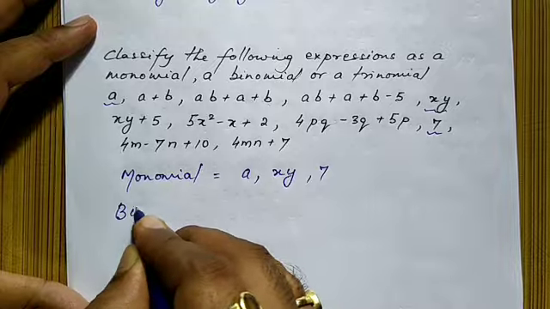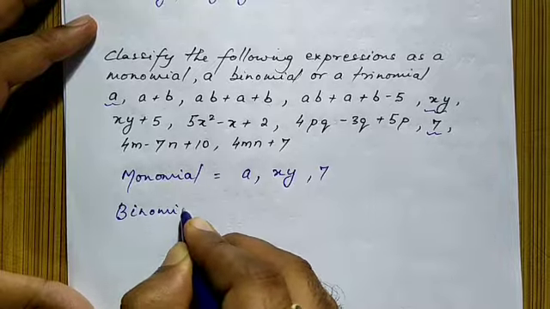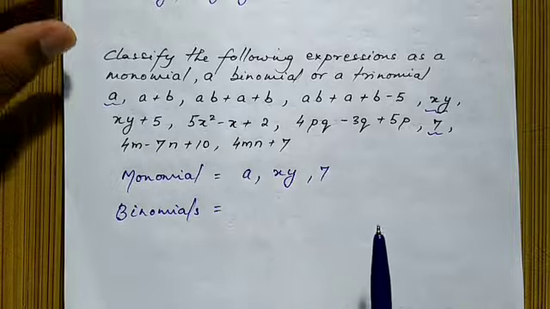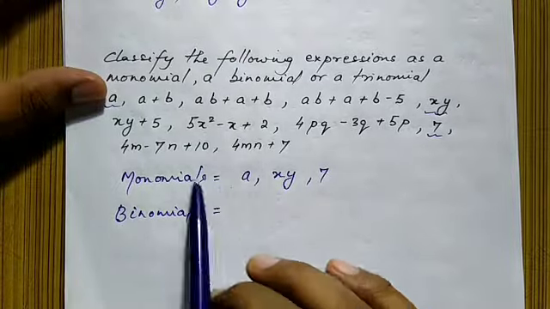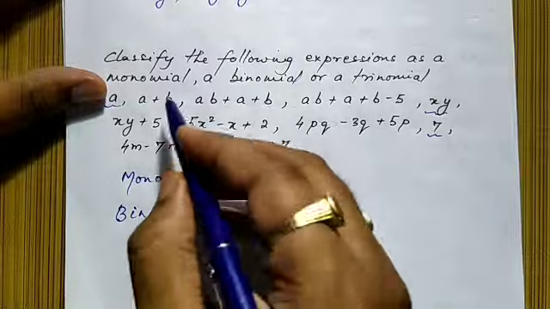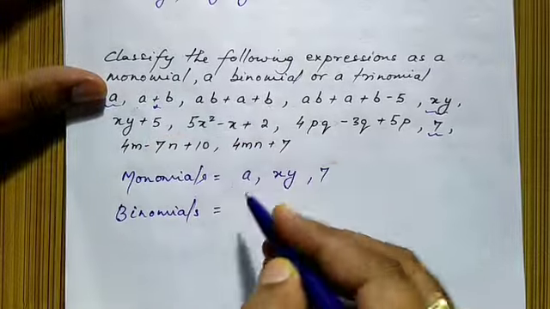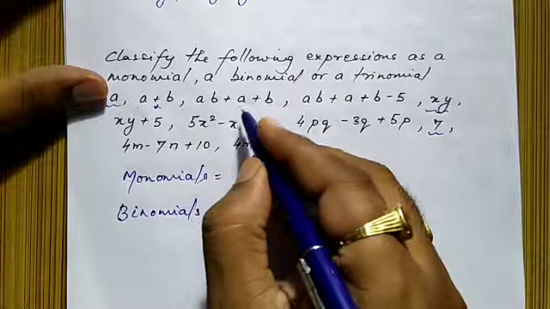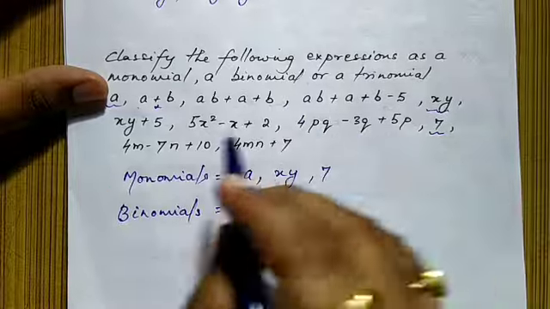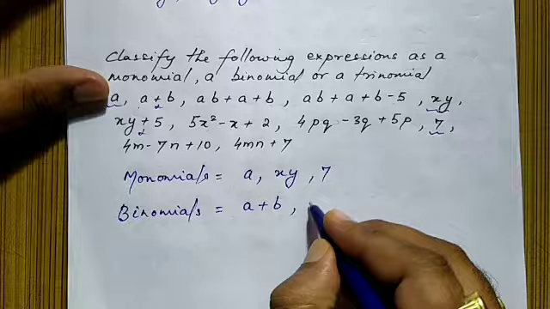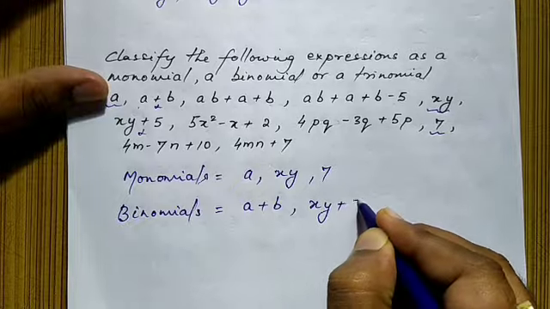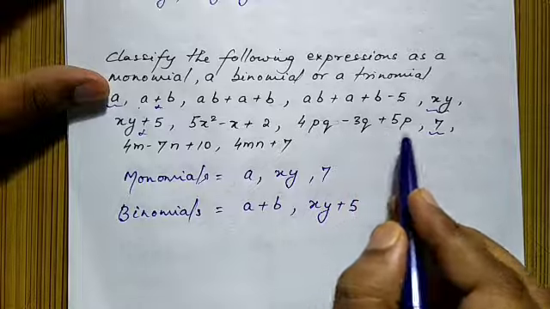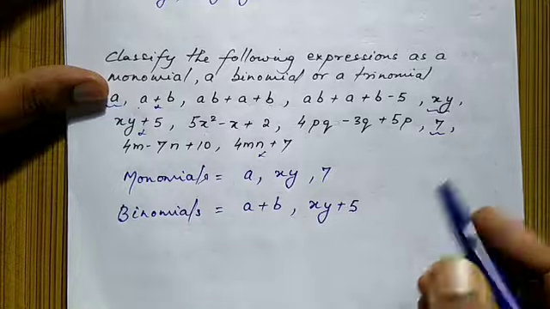After that binomials, which have two terms. So this a plus b, here 3 terms, here 2 terms. xy plus 5, here 3 terms, here 3 terms, here 3 terms, here 2 terms.